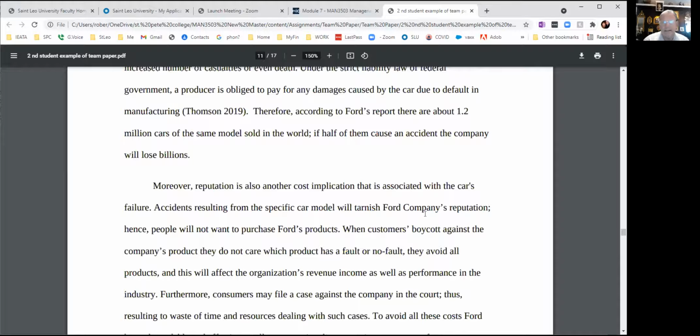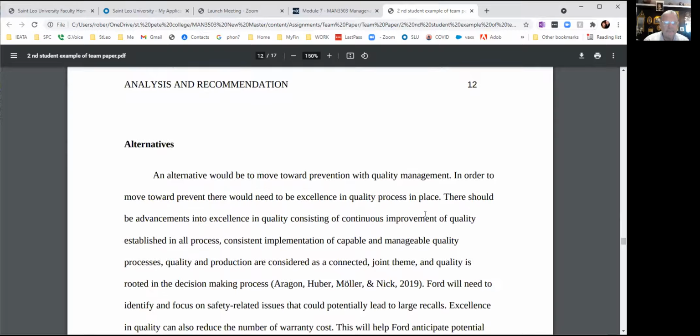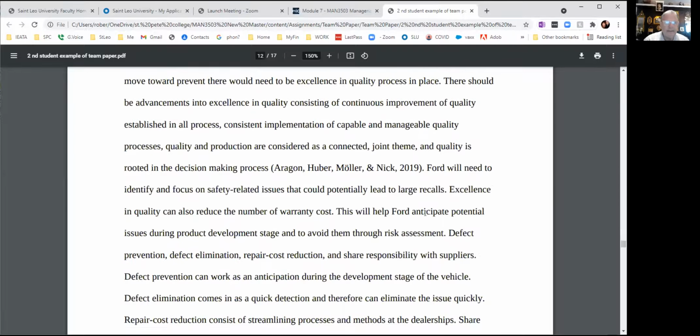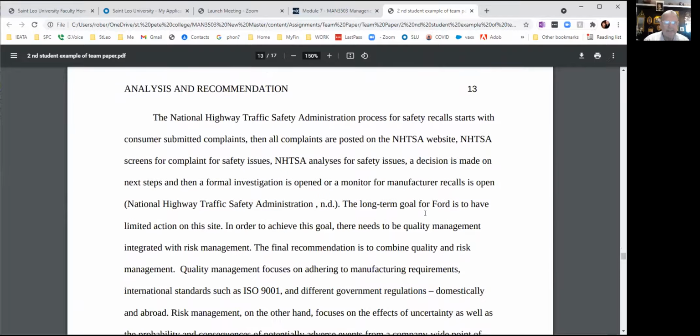And in this case, it was not only liability of Ford, but it was also of their business partners. Okay, so they just listed some alternatives and their final recommendation.